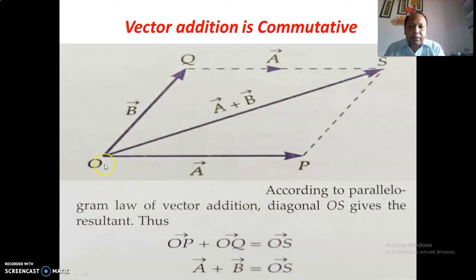Where vector OP is actually vector A. So for vector OP we are writing vector A, and for vector OQ we are writing vector B. So vector A plus vector B is equal to vector OS, which is the resultant vector. So I hope this is clear. This is simply the parallelogram law of vector addition, which we have already discussed in the previous video.